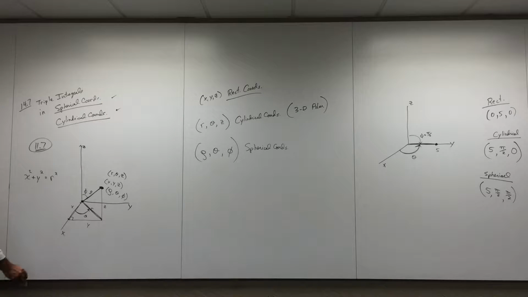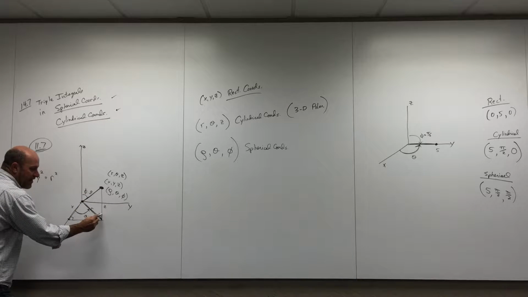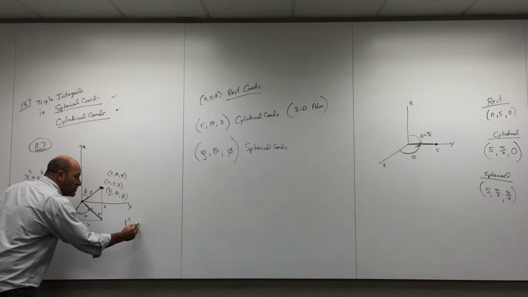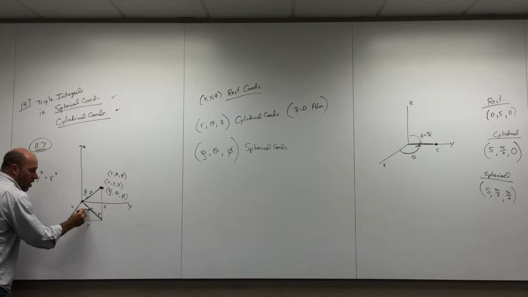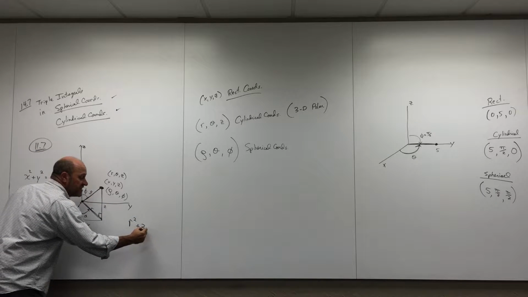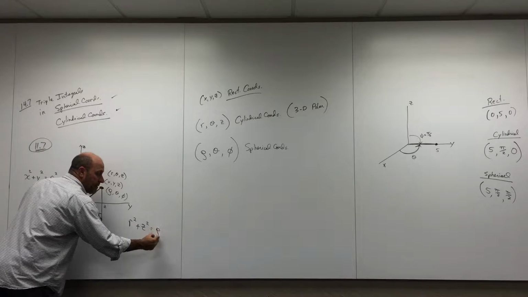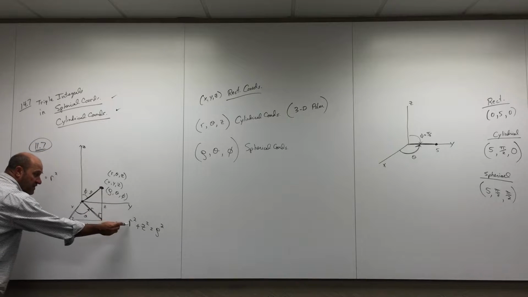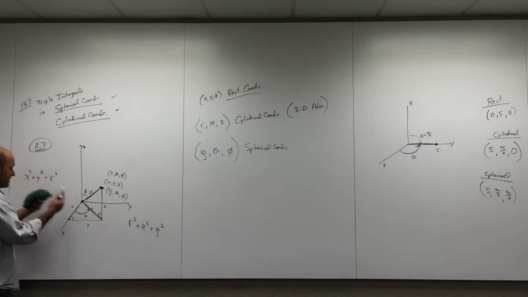But watch this. What about rho? There's a right angle right there. So r squared plus z squared is that hypotenuse over there, rho squared. That's true and cool, but hold on a second. What's r squared? X squared plus y squared is r squared.